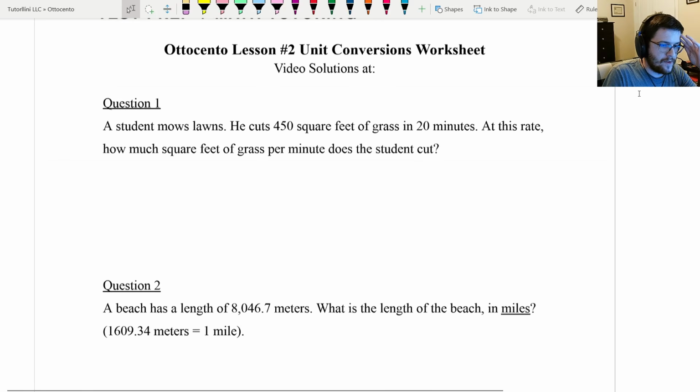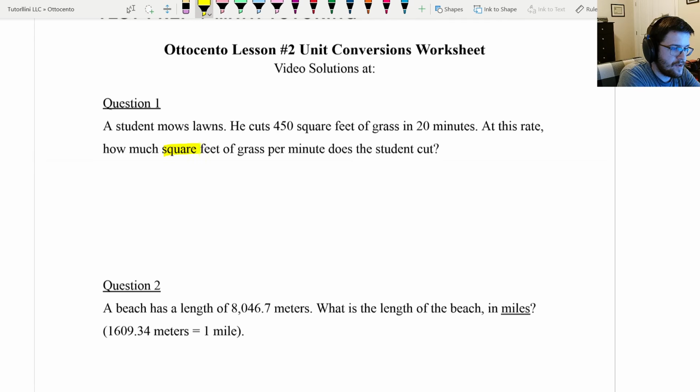Okay, this first one, not really much going on here. It just wants us to use our knowledge of units to figure out what to do. So it says square feet of grass per minute. So we're going to do square feet. Remember, per means divide.